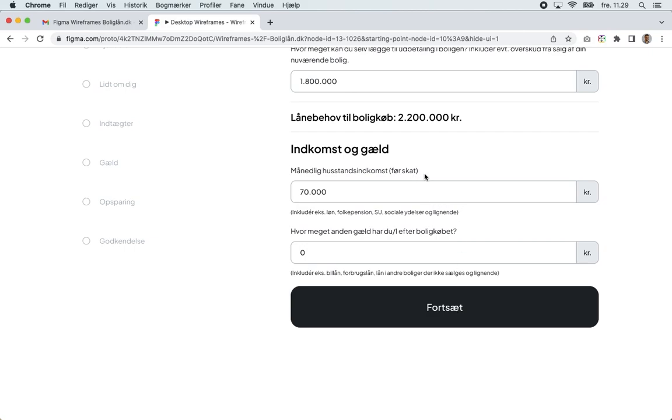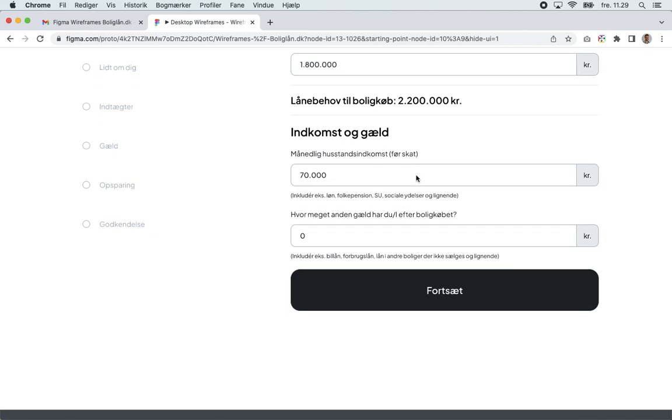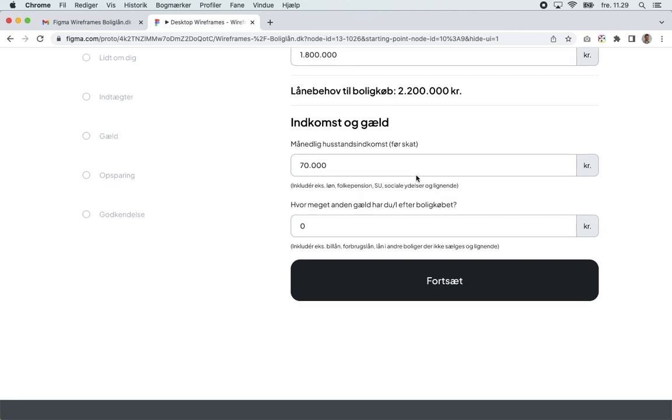What I would like to know here is if it's including pension or without pension. Maybe it's standard that it's always without pension, but it could be quite different, the salary with and without pension.